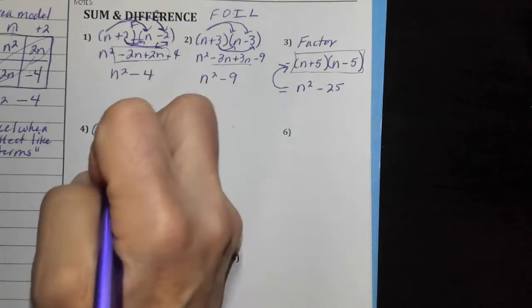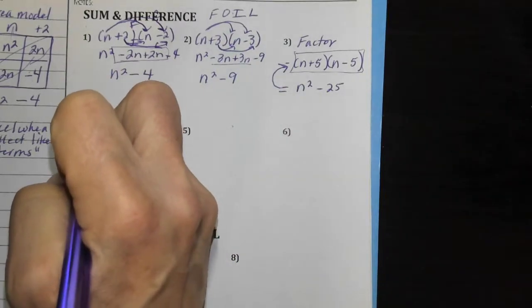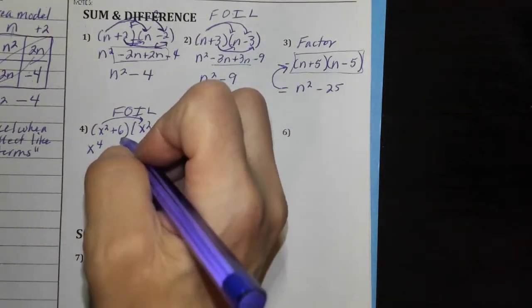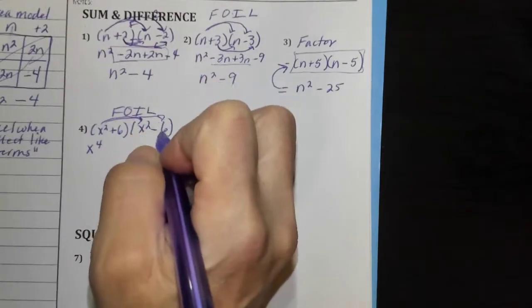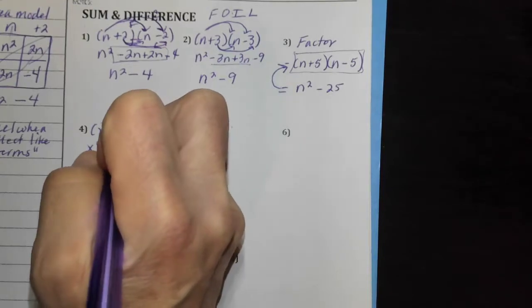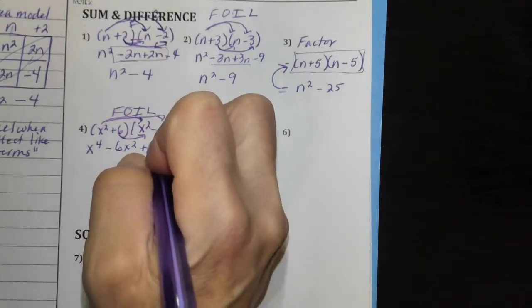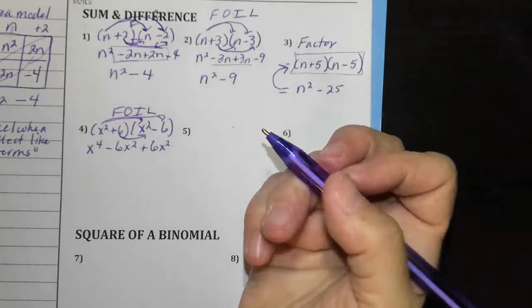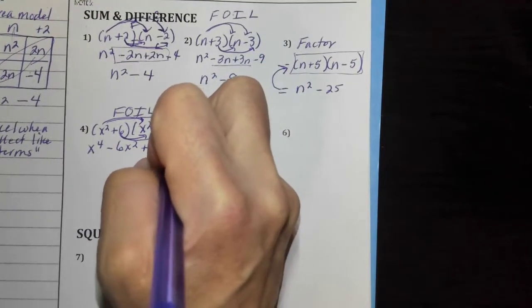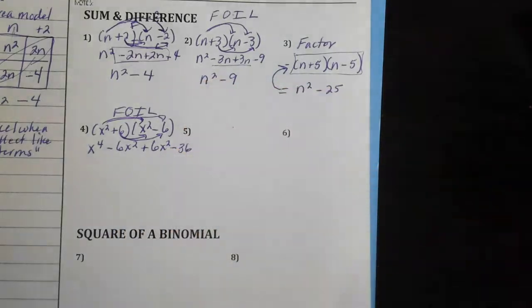First times first, x squared times x squared is x to the 4th. Same base, different exponents, add the exponents. The outside is going to be a negative 6 times an x squared, so minus 6x squared. The inside will be a 6 times an x squared, so plus 6x squared. And the last will be a positive 6 times a negative 6, which is negative 36.